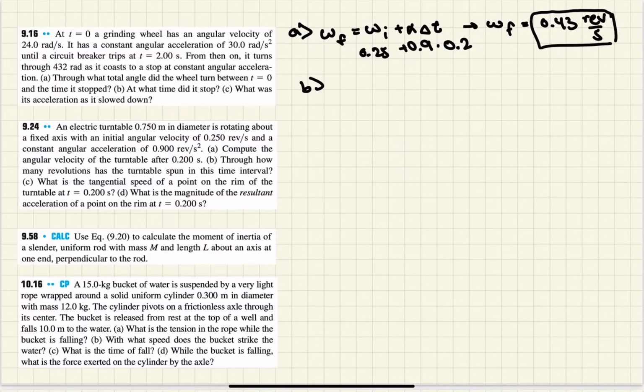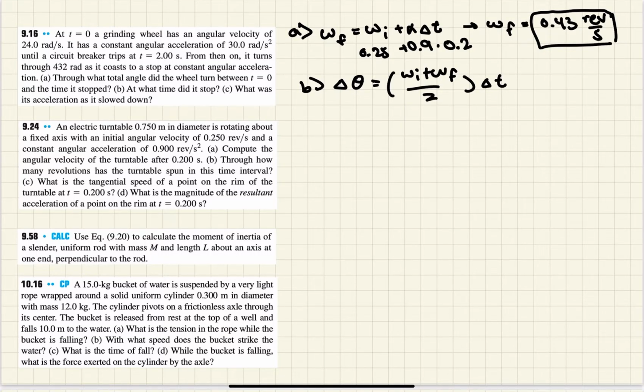For part B, it's asking how many revolutions has it spun in this time. So that's going to be delta theta is equal to the average angular velocity times delta t. Again, the equation that I didn't go over, but it's always there for you.